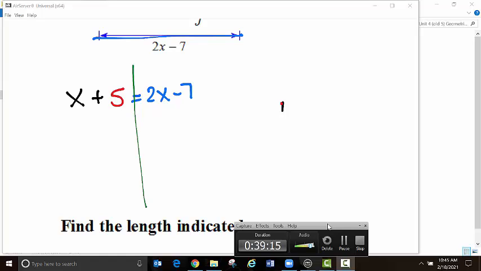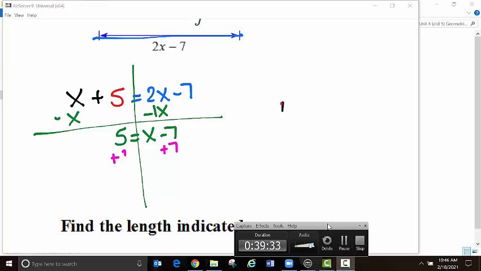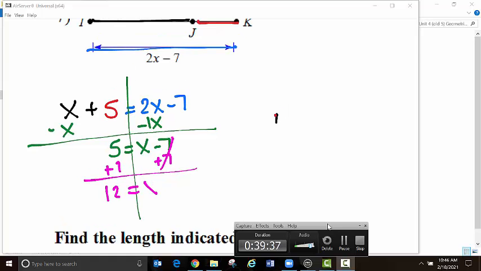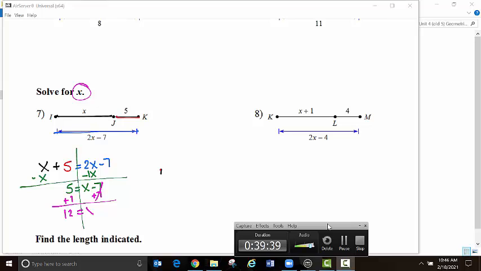Now get all the x's on the same side. So I'm going to minus this x to the other side. Doesn't matter which side you go to, but I don't like negatives. So I have 5 equals 2 take away 1 is x minus 7. Now I'm going to add 7 to both sides. And I have x equals 12. And it said to solve for x, so I don't have to do anything else.